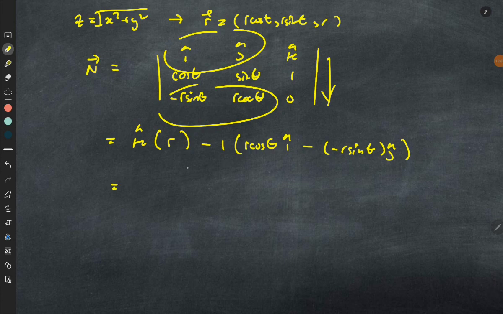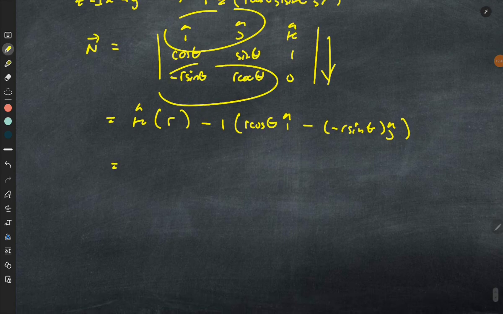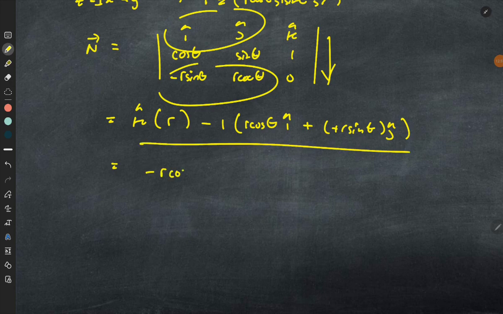Okay, so hold on a second. No, I think this is right. Okay, those become positive, and what we end up with is negative r cos theta i hat minus r sine theta j hat plus r k hat.